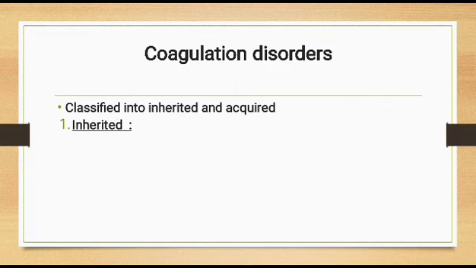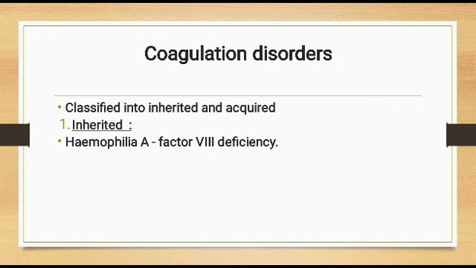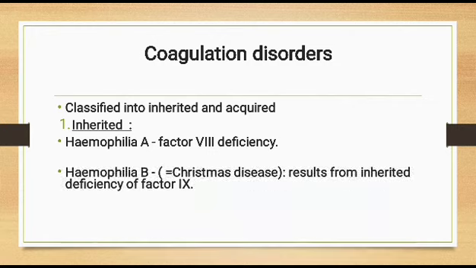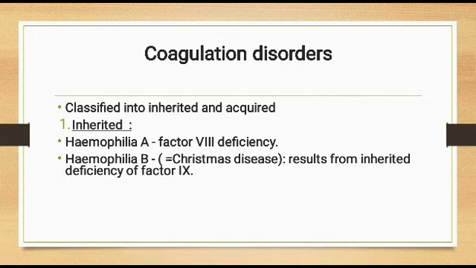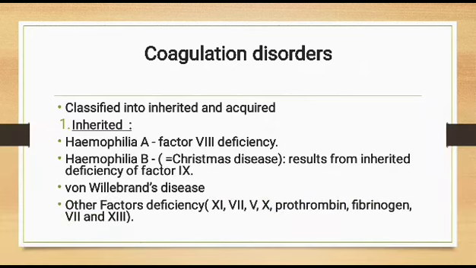The inherited ones are further subclassified into hemophilia A, which is factor VIII deficiency, hemophilia B, which is factor IX deficiency and called Christmas disease, and von Willebrand disease, which is a special entity of coagulation problem together with platelet problem. Other factor deficiencies may occur, like factor V, VII, prothrombin, fibrinogen, etc.